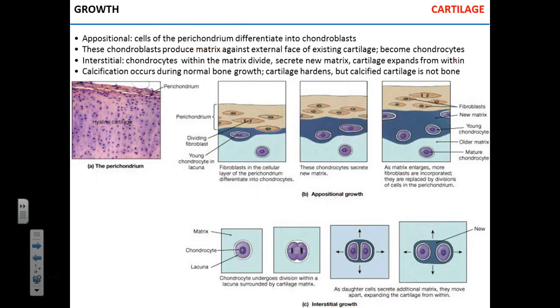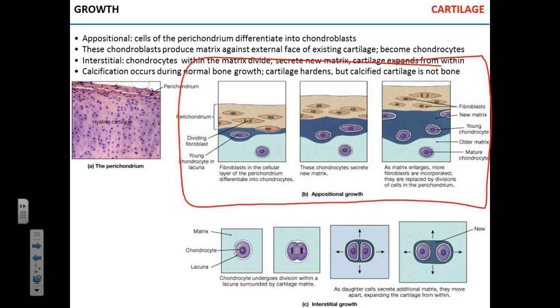Cartilage, of course, can grow, and there are two types of growth: appositional and interstitial. In the appositional growth, which is illustrated by this scheme, chondrocytes that are young and located next to the perichondrium add matrix.